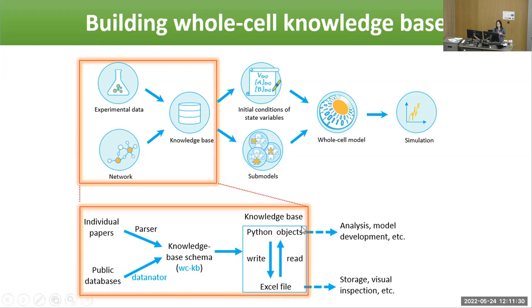The first format is a set of Python objects, which can be written into an Excel file that's really more convenient for storage and visual inspection. But this Excel file can also be read back into Python objects in memory so that we can do further analysis or model development.